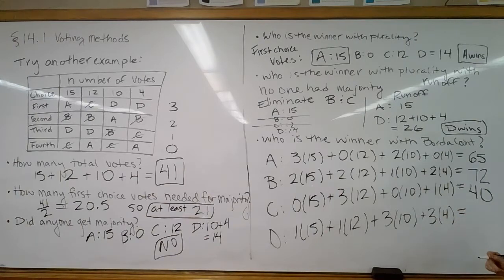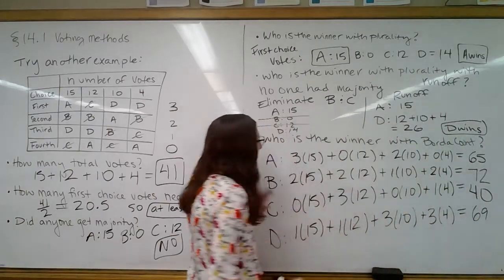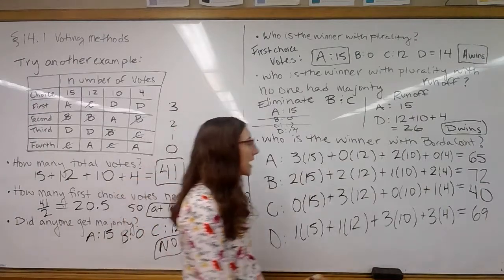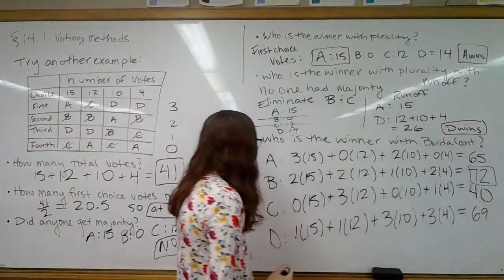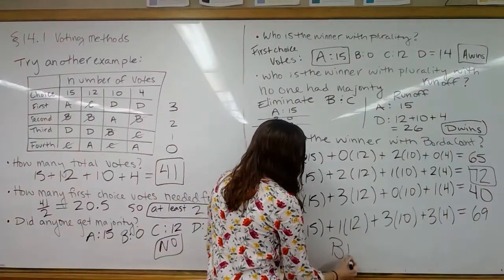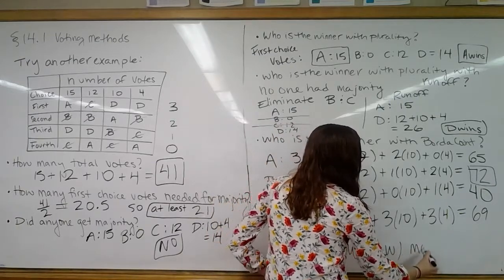If you add all that up, you should get 69. And then Borda count looks for who has the most points. So we had 65, 72, 40, and 69. 72 would be the most. So that means that B was the winner with the most points.